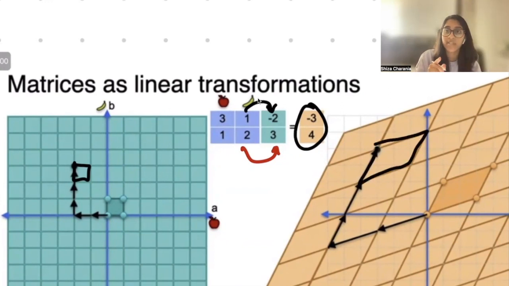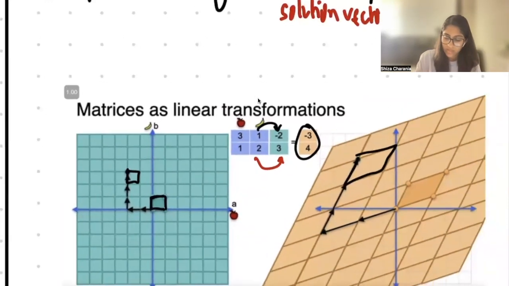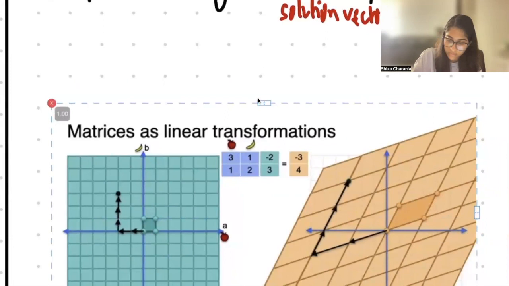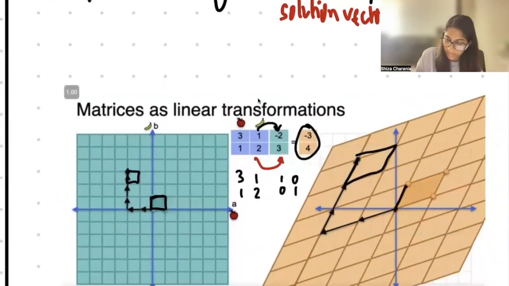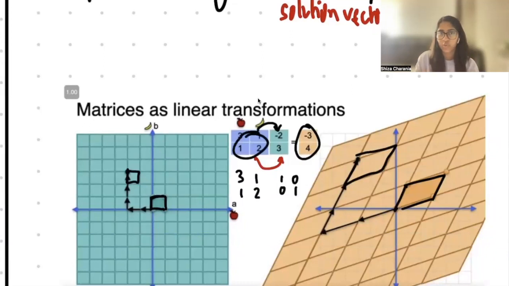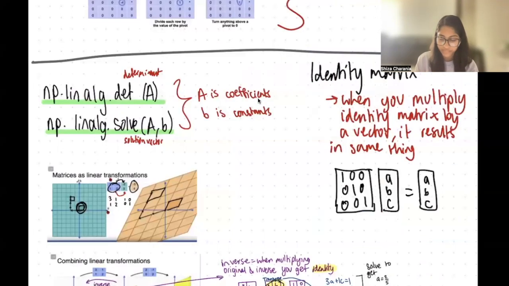Now, let's say you had the basis vectors, which were 0, 1, and 1, 0, and this formed this, and you used 3, 1, 1, 2 on this 1, 0, 0, 1 thing that we had before, this would become this. And so you can see how this matrix is a linear transformation to change how this area becomes after the transformation.